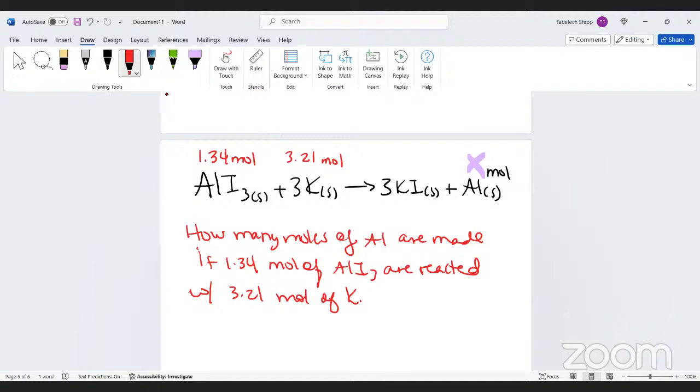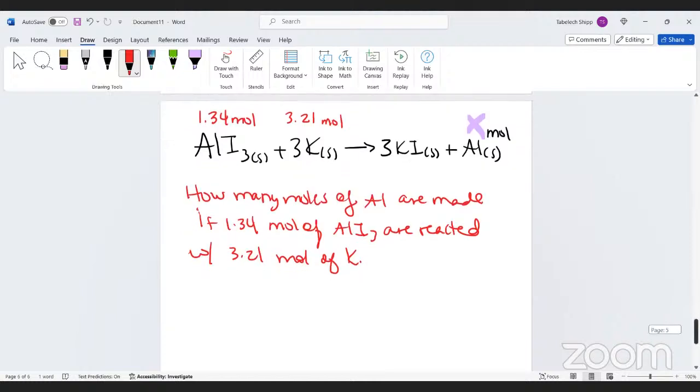Okay, so since they gave you two different numbers, you can actually choose whichever number you want to use, okay? Because you're still going to get the answer overall with that. So I'm going to take the first number right here, the 1.34, okay? Just so you guys can see this.